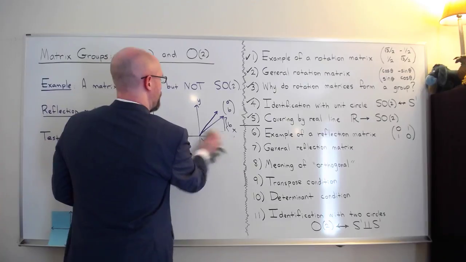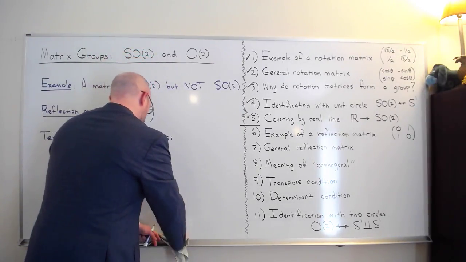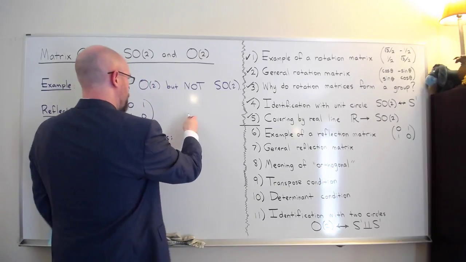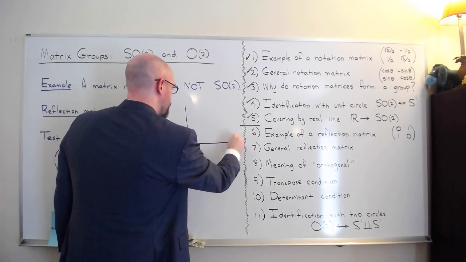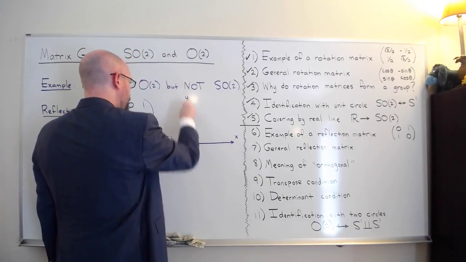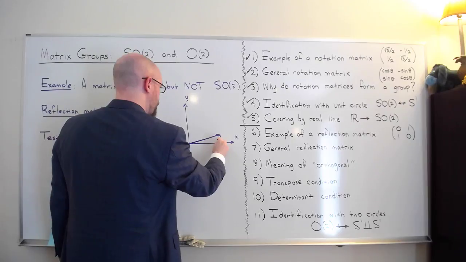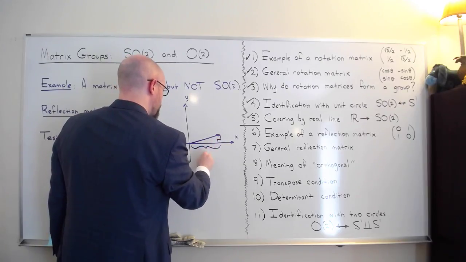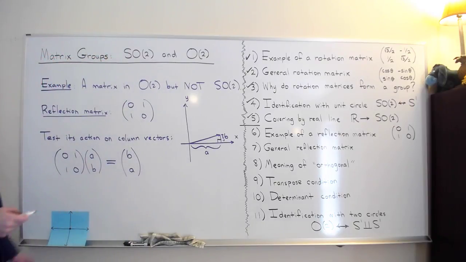So let me draw another vector that's a little bit more illustrative here. So here's my x-axis, here's my y-axis. Let me draw a vector that looks like this. So here's a right angle. That distance is A. That distance is B. Now this matrix interchanges these two.